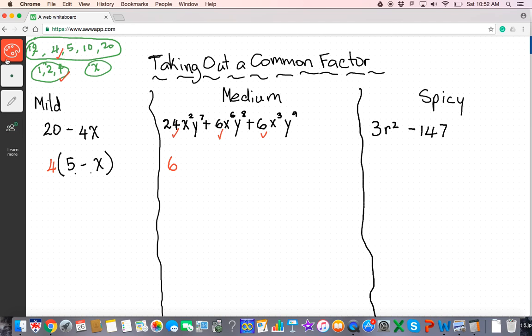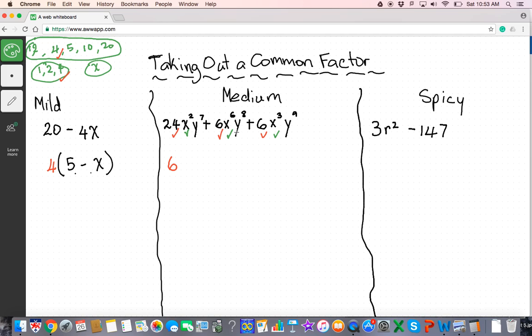We do the same thing for the x's. So we look at x squared here, x to the 6th here, and x to the 3rd. And you ask yourself, what is the greatest of these 3 options that can go into all of the options? So you're kind of going to work backwards on this one.